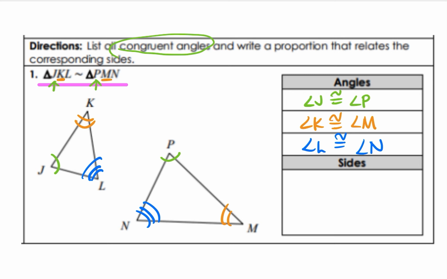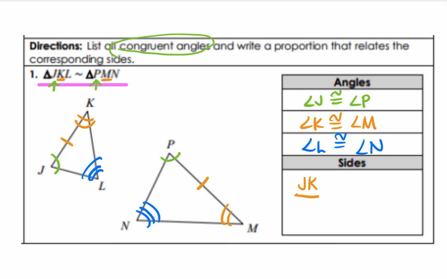Now I can write the corresponding sides. I can start with JK, which is proportional to side PM.